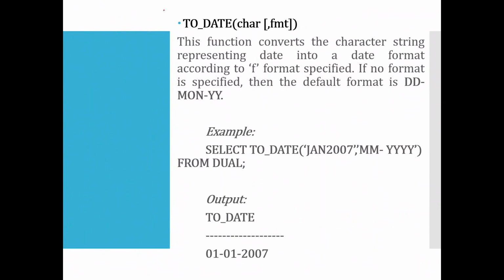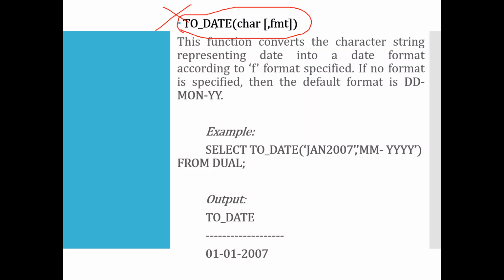The next is to_date function. But nowadays we are not using this function at all. The reason is actually this function was used to convert any character data type date to date data type.